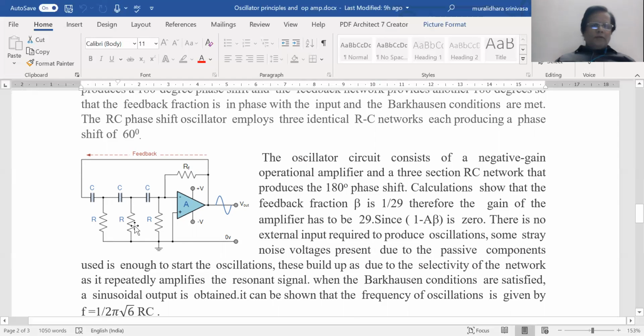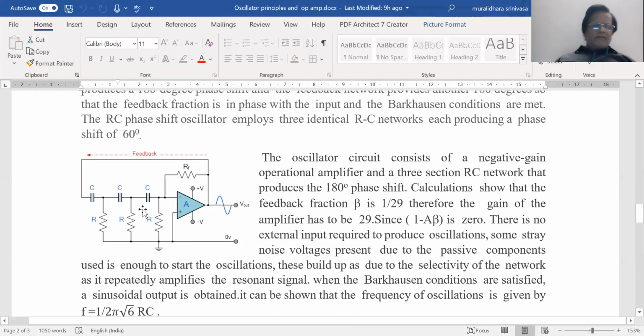As you know, if you use an ideal capacitor, then each RC network can produce a phase difference of 90 degrees, because when a current flows through a capacitor, it is 90 degrees out of phase with the voltage. So a phase shift of 90 can be produced by each such RC network, but arrange it in such a way that 3 RC networks are used.